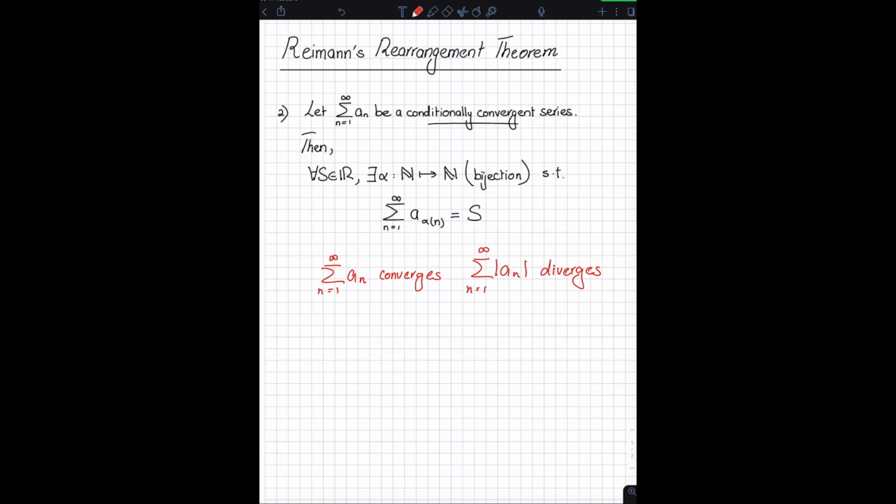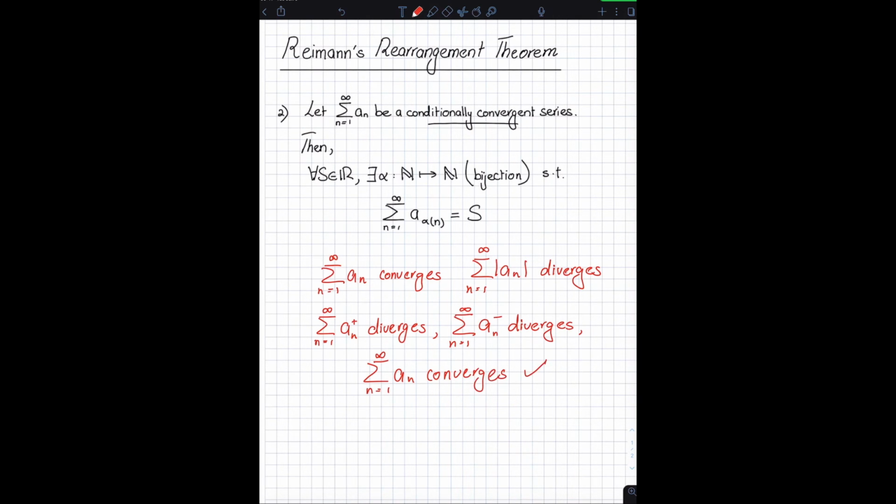The other way to think about it is that a conditionally convergent series has infinitely many positive terms and infinitely many negative terms being added with each other. The summation from n equals 1 to infinity of only the positive terms diverges to positive infinity, and the summation from n equals 1 to infinity of only the negative terms also diverges, to negative infinity, but the summation from n equals 1 to infinity of a of n converges.